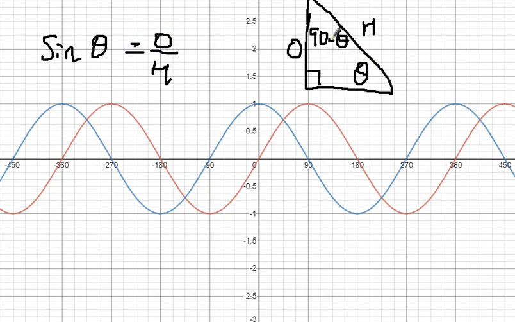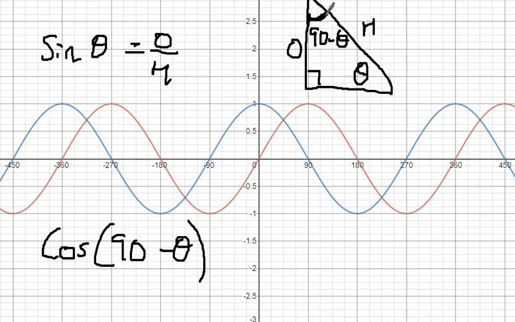And if we think what cos of 90 minus theta is, okay, so cos of bracket 90 minus theta, this is where it gets a little bit crazy. If we're saying cos of this angle, this is the interesting angle now rather than the theta, and so for cos it's adjacent over hypotenuse. So now suddenly, because we changed angle, this is the adjacent side, but we just said this was the opposite.